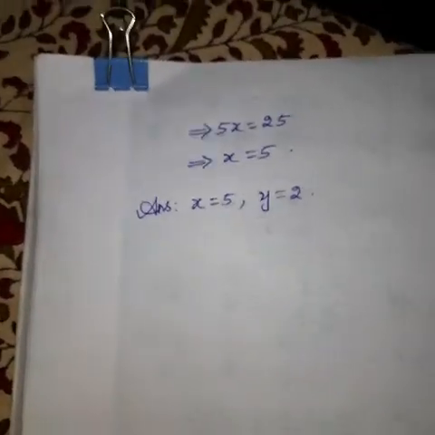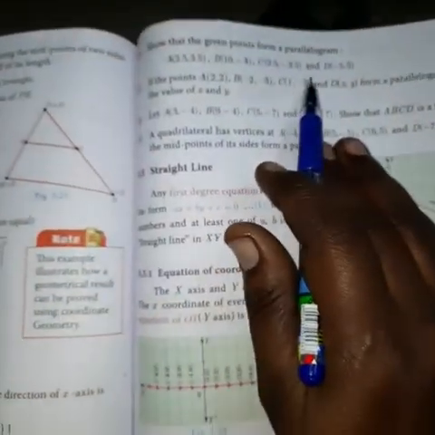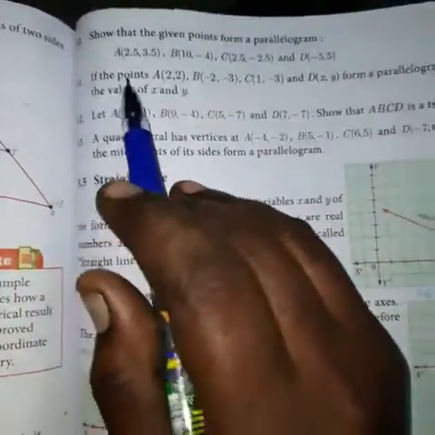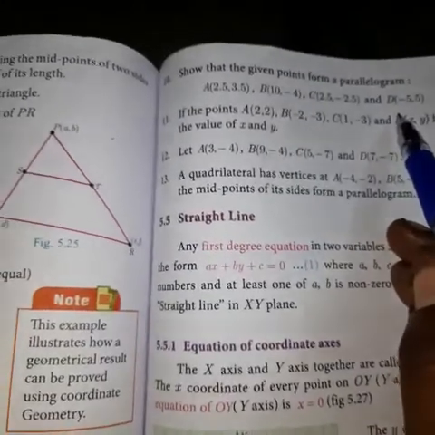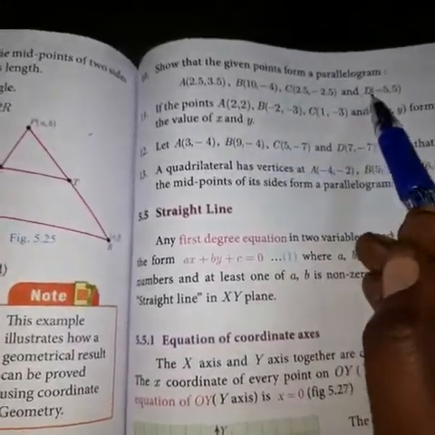Next, in the exam exercise, question 10 is another question, which says to show that the points form a parallelogram. In this question they gave 4 points, so you must plot the 4 points. You don't take them in the given order.